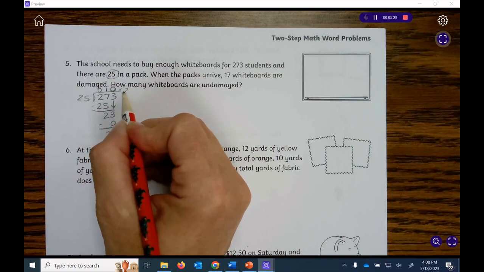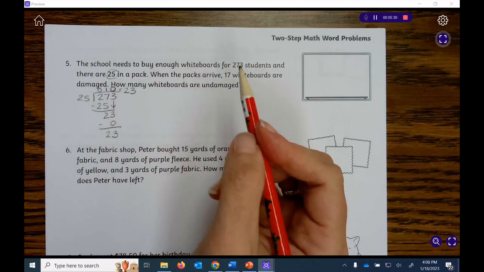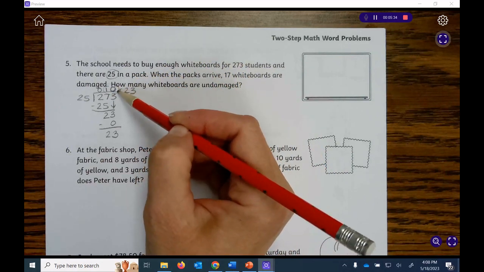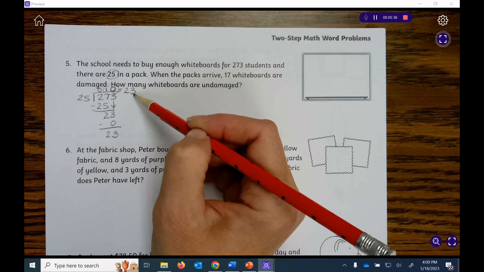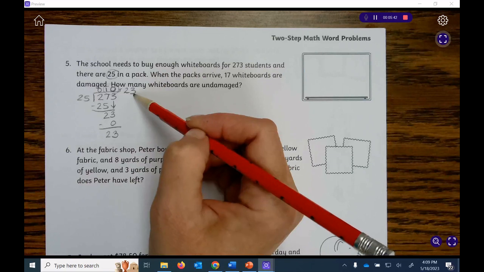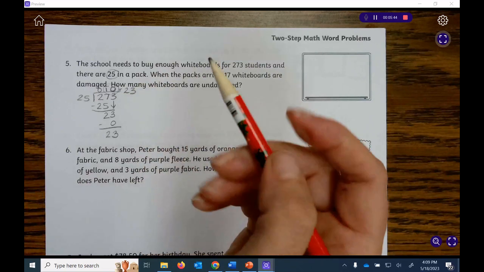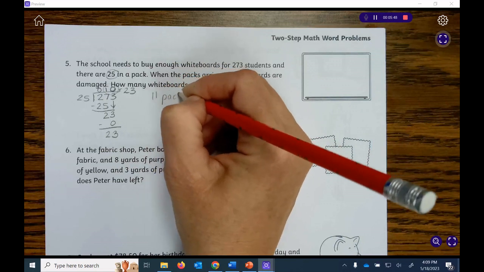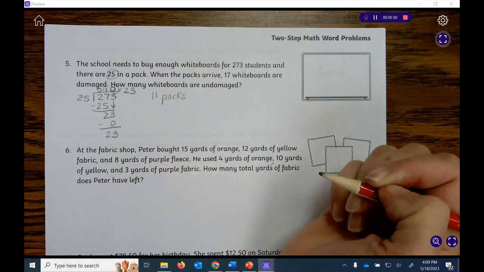Remainder 23. So this means that I have to buy 10 packs, and then I need to buy an additional 23 whiteboards. So in reality, how many packs do I need to buy? I need to buy 11. Okay, so I'm going to buy 11 packs of whiteboards.